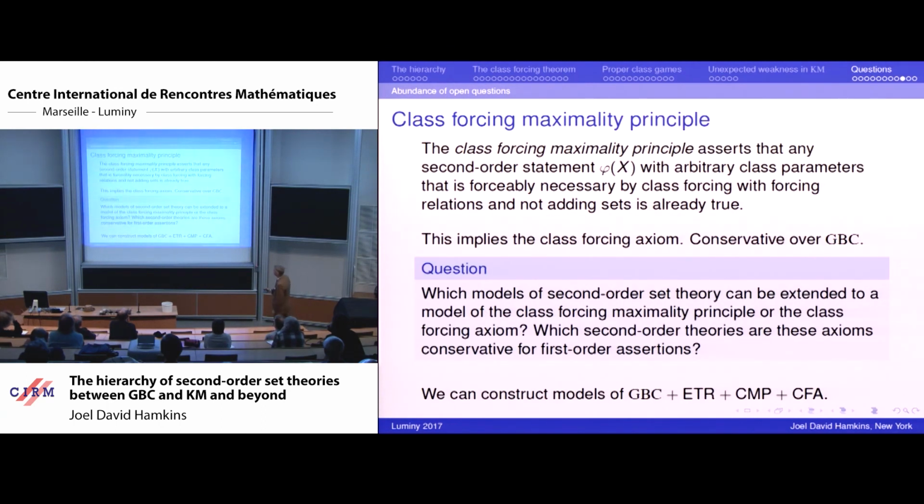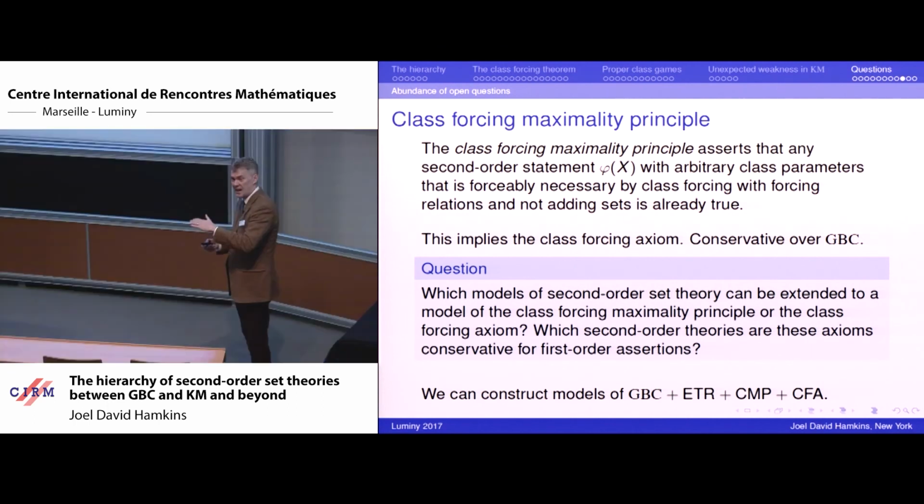And also this principle, what we call the class forcing maximality principle, which is the assertion that anything that's possibly necessary is already true. And what do I mean? I mean for any statement phi of x which is forcible by class forcing, which doesn't add sets, and which stays true in all further such extensions, is already true. So that principle implies the class forcing axiom, and also it's conservative over GBC.